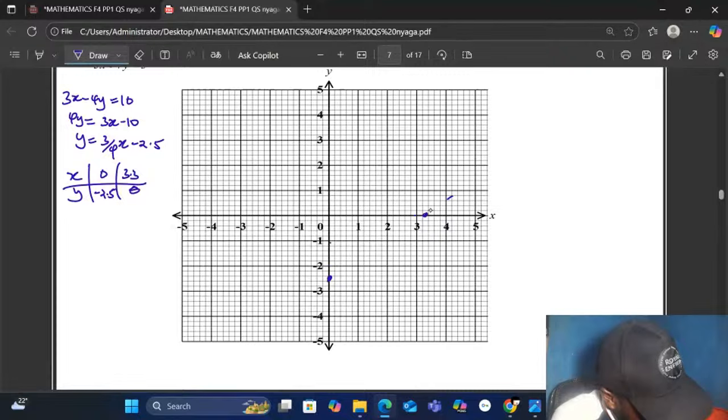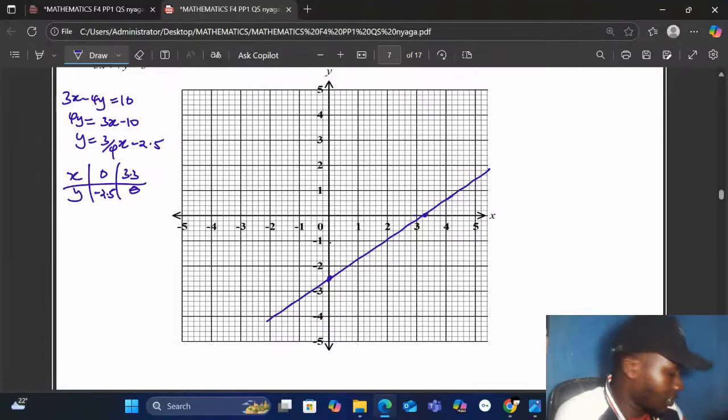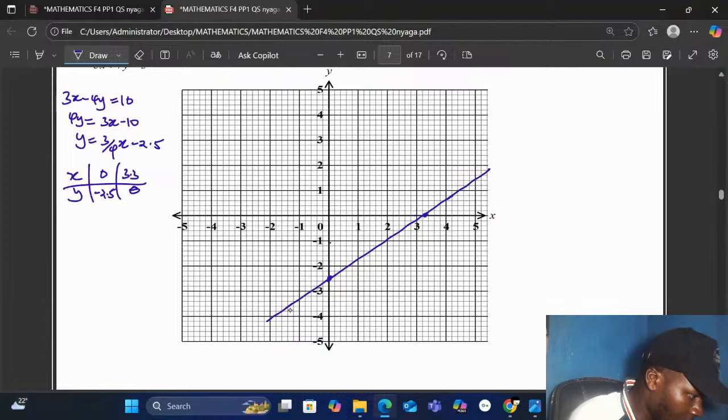We can join the 2 with a line. So that is now 3x minus 4y equals 10.